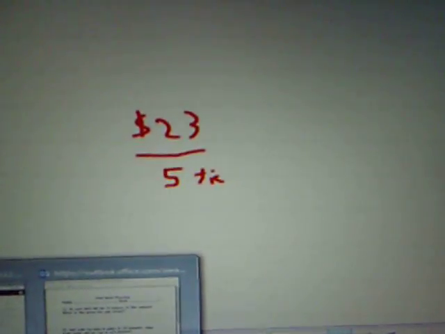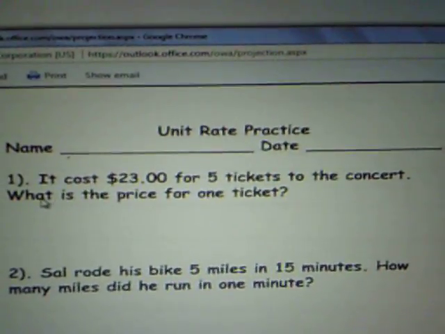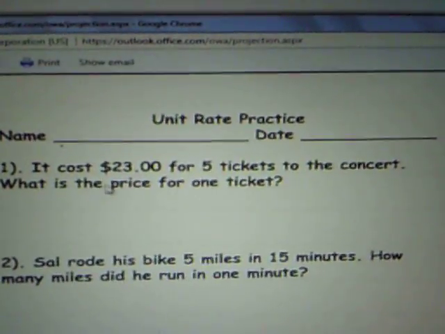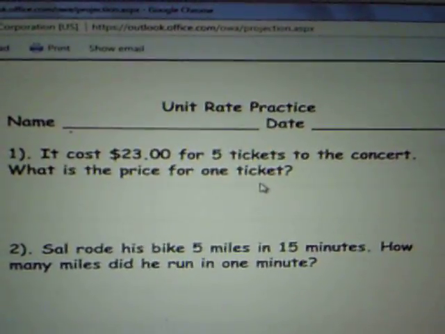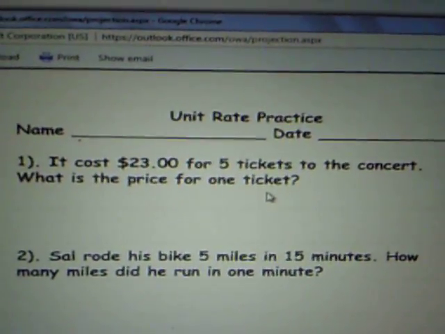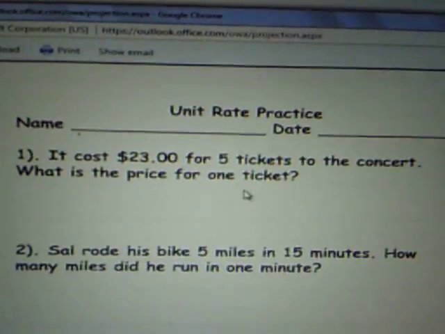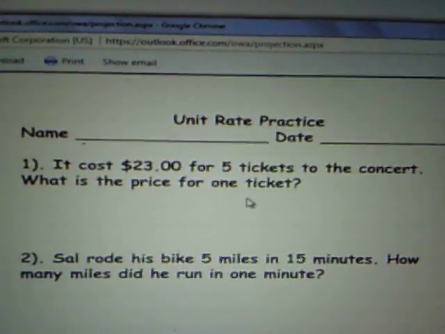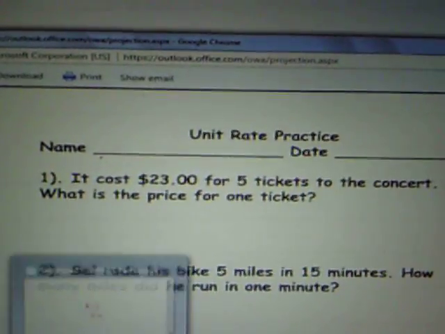Then we have to think. In order to figure out what to divide by, we have to read the question. What is the price for 1 ticket? It's not asking for $1. How many tickets can you get for $1? It's not asking that. It's asking what is the price for each 1 ticket.